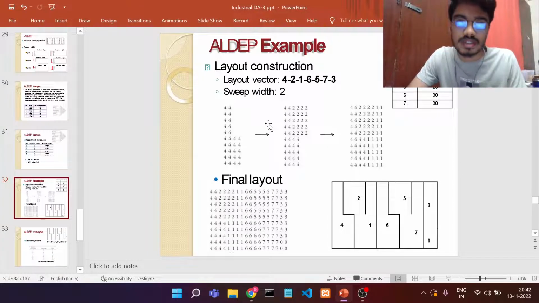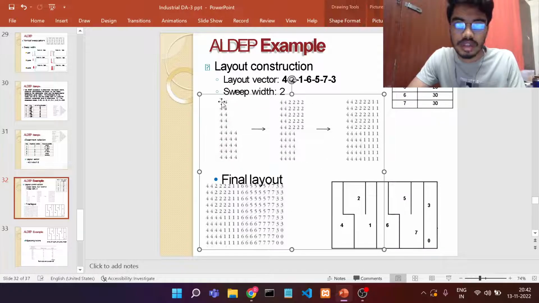So how we place is, the first priority was department 4, so it comes in a set of 2. So you will place 4 4 4 4 4 4 until it becomes 30. If you calculate this, all the fours will become 30. Now the second priority was 2.